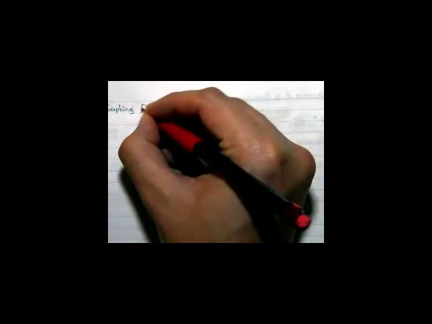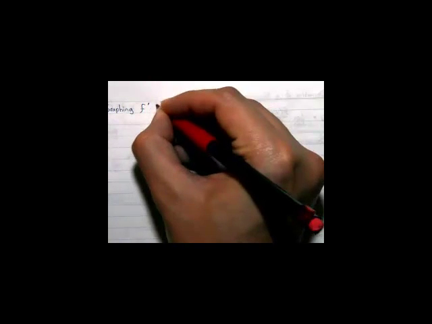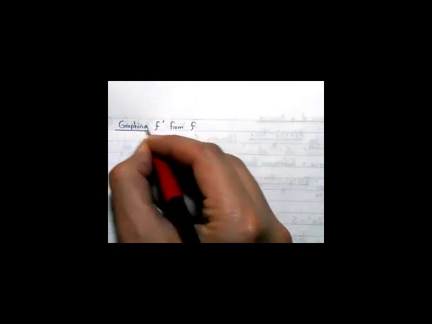We're going to look at how you graph f prime from f. And this is going to be kind of an inexact science. It's going to be a little bit of guesstimating to get an idea of what the shape would be.